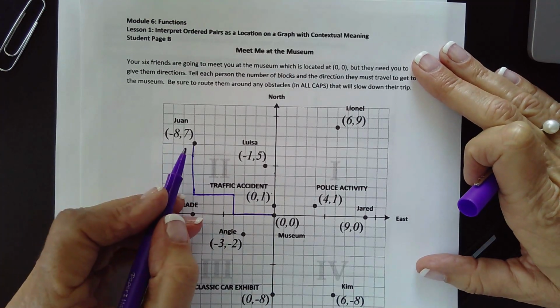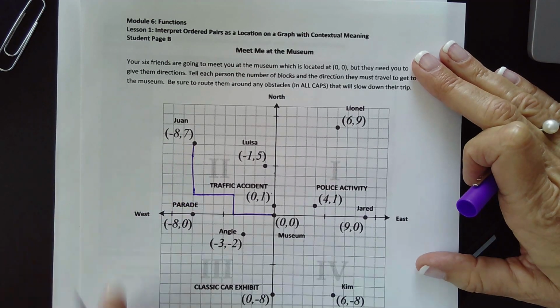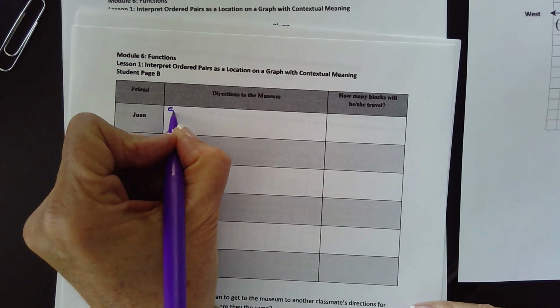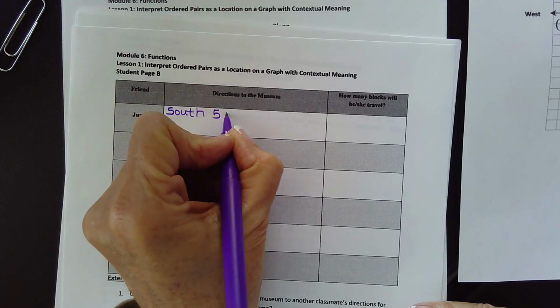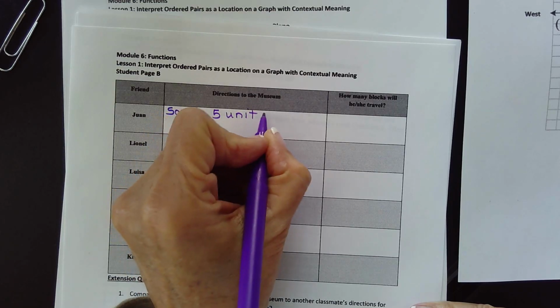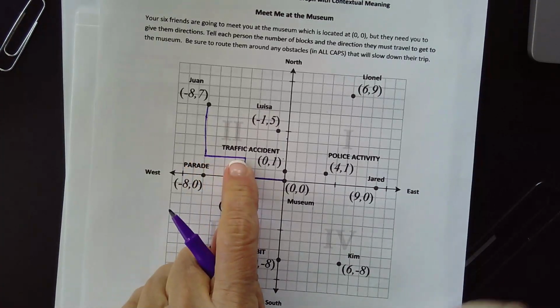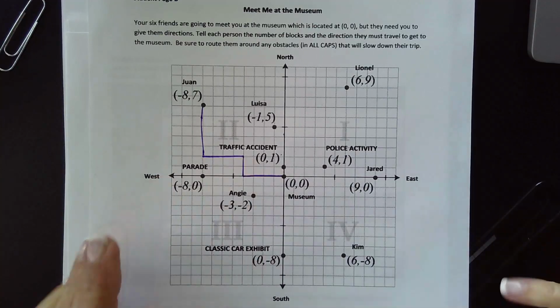So he travels south 1, 2, 3, 4, 5 units. And then he goes east 1, 2, 3, 4 units.